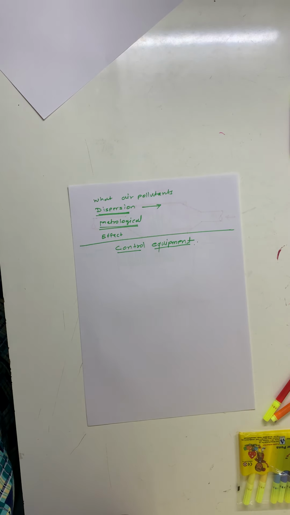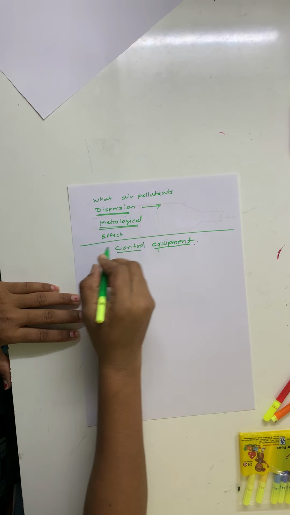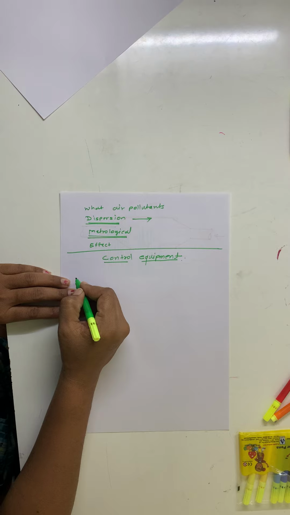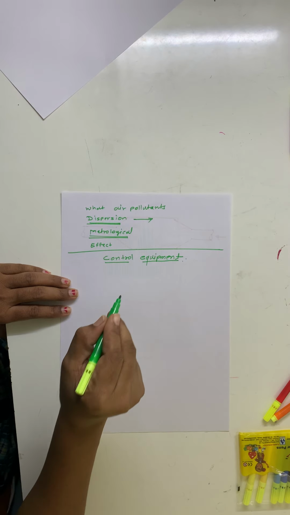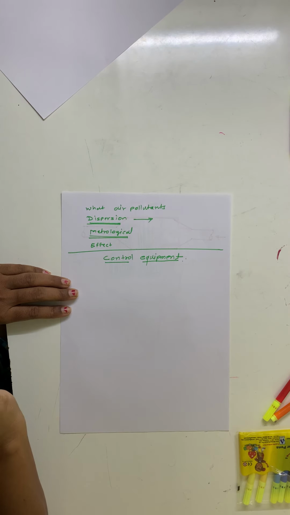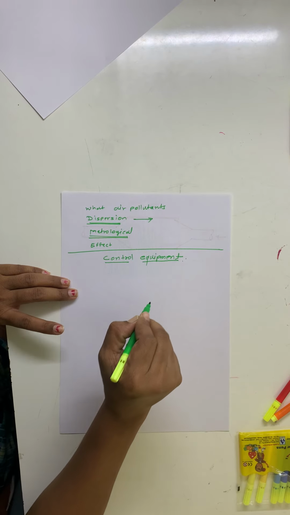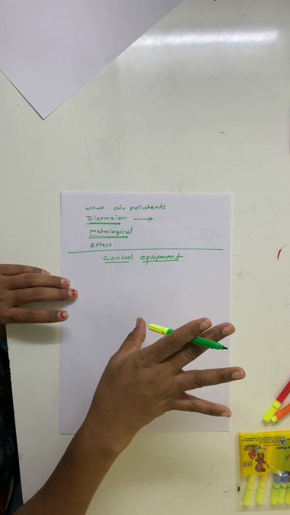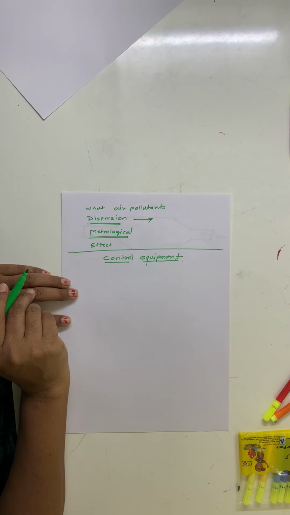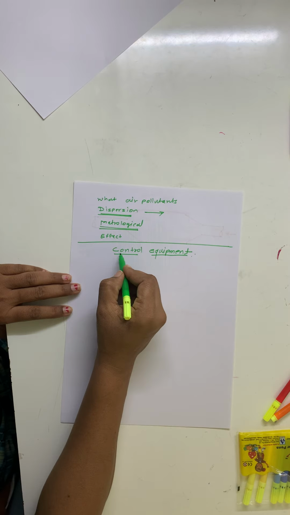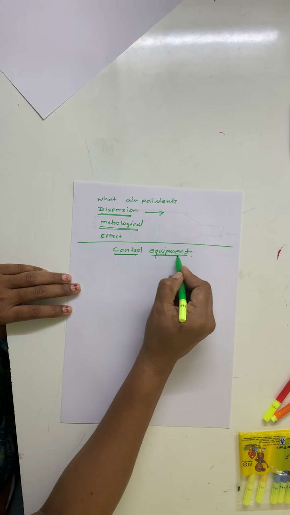So again I am going to repeat the same sentence I told you in the first lecture with respect to air pollution, that air pollutants must be controlled at the source, because it is very difficult to find the pollutant in the atmosphere and separate them out from the atmospheric air. So we should take care to control that pollution at the source.